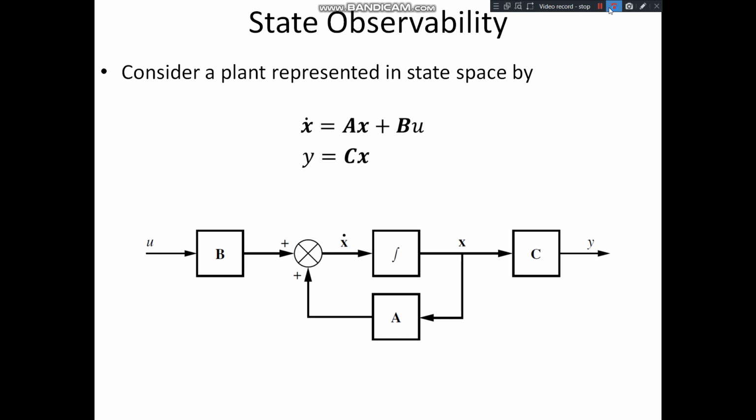The plant model is represented diagrammatically below with u as input, B as the relation of the input signals to x, A as the relation of the first derivatives of all the state variables to the state variables, and y is related to x with the help of matrix C. These matrices A, B and C are all constant matrices, so this system represents a linear time invariant control system.